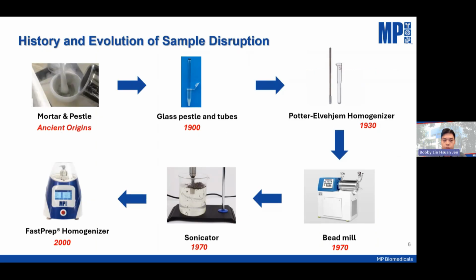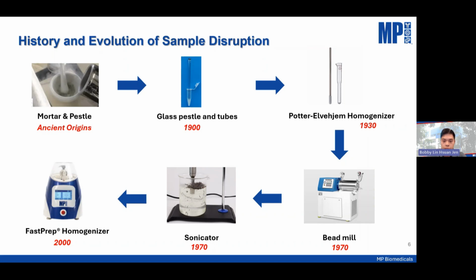So in the scheme of our homogenization history and evolution, we started with the ancient origins of the mortar and pestle, which is a very ancient technique that is very achievable and very easy. All you need is a mortar and a grinding pestle that utilizes mechanical force.